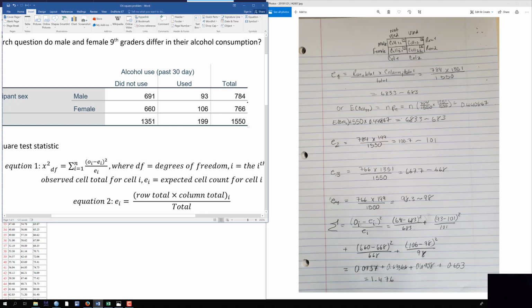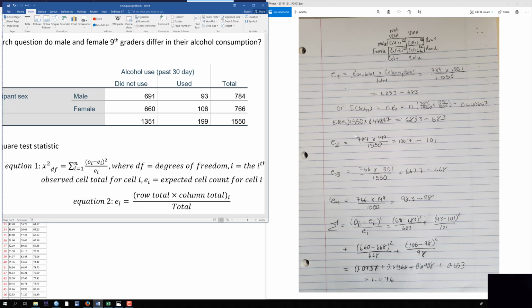You notice whenever we use these marginal values, we ignore the cell contents within. And the probability of not using alcohol: 1351 individuals didn't use alcohol in the last month, divided by 1550. I multiply those, I get 0.44, or a 44% chance of being in that cell.